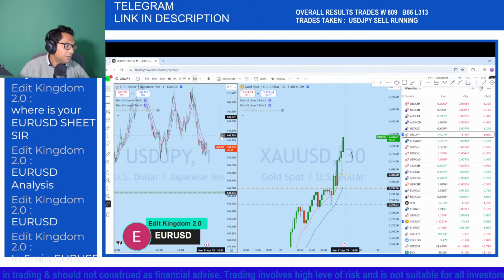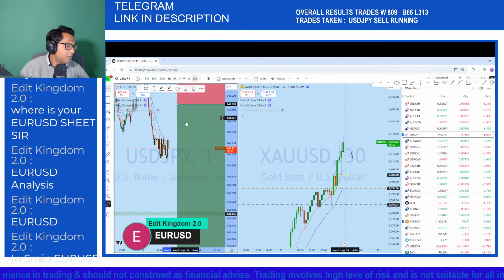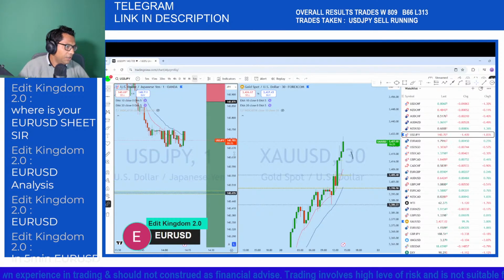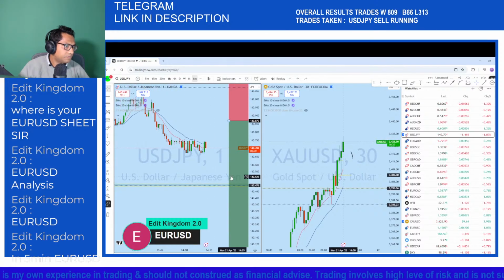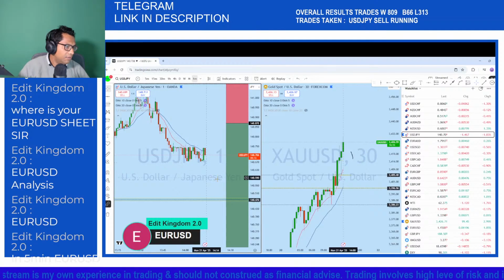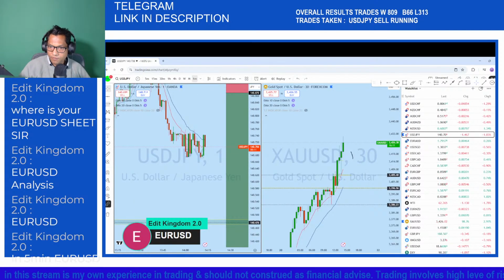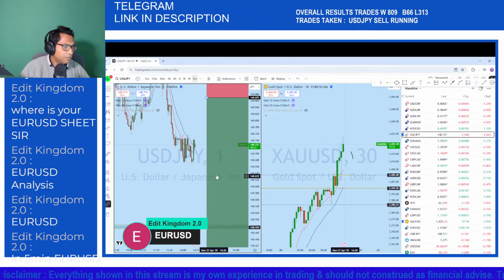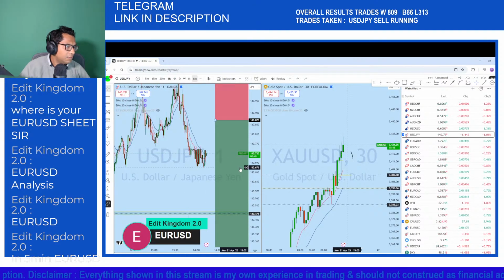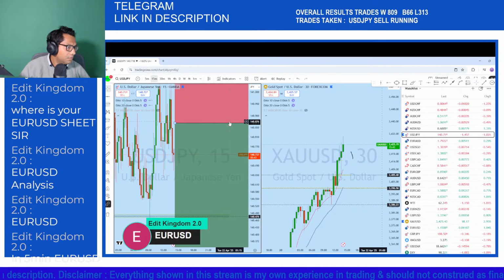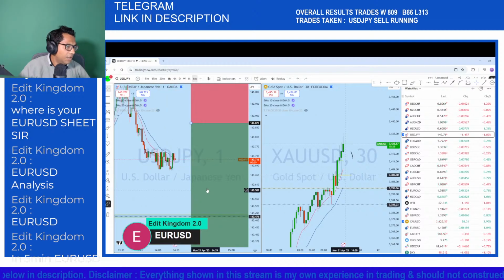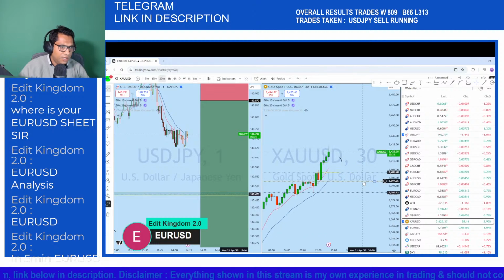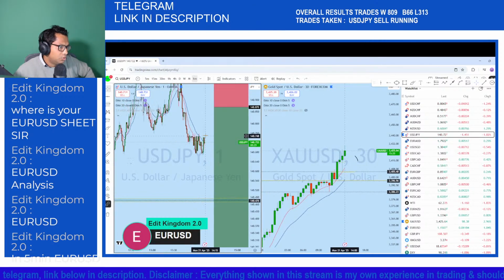Let's see here. So we can see dollar yen is moving in the major direction here, and with that movement on dollar yen at the moment we can see the price is getting some rejection, so we still can expect for this market to trend back down here.